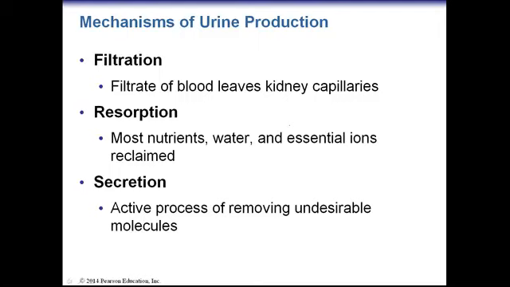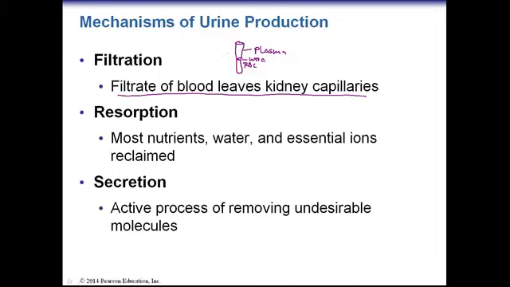So the mechanisms of urine production, first we need to filter the blood. Okay? And what we're doing, remember this, we have red blood cells here. Remember we have this layer of white blood cells. And then we have plasma here.